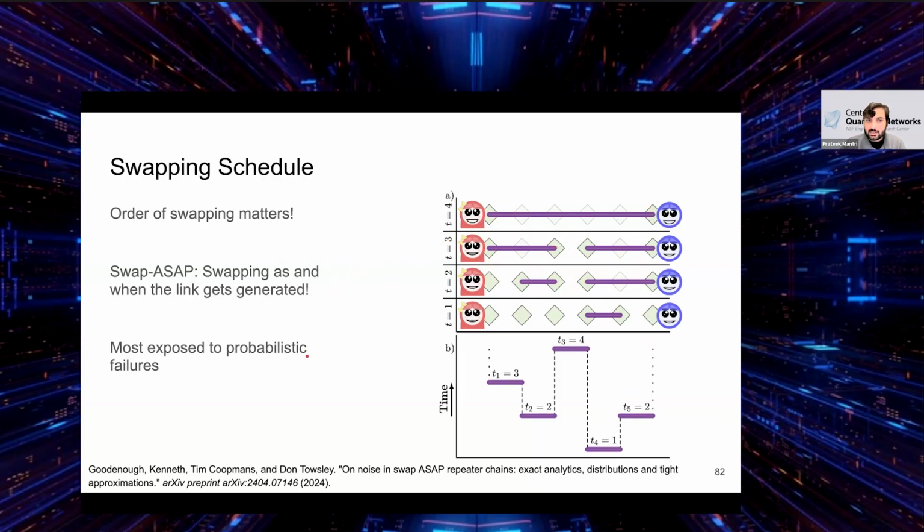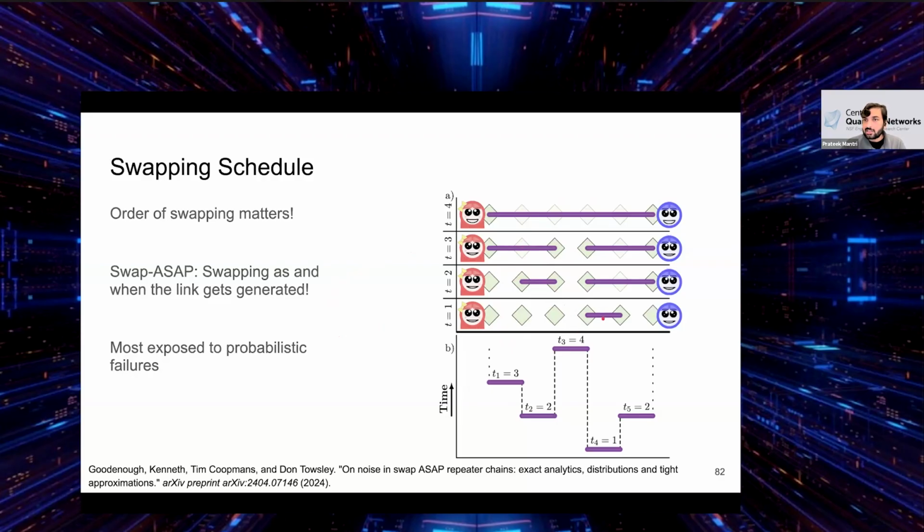Now, one can see that this is quite exposed to probabilistic failures. Let's say our swapping operation is not deterministic. When we apply the swapping, let's say we are using linear optics for doing our swapping, and that can fail. So if this swapping operation had failed, we would have to go back to this stage and again generate links between these three repeaters.